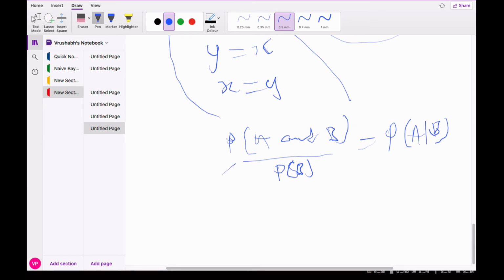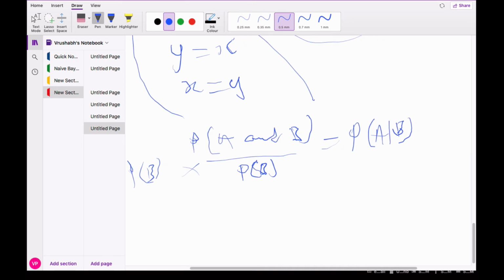Let's say we multiply each side by the probability of B. Then this part is going to cancel that.